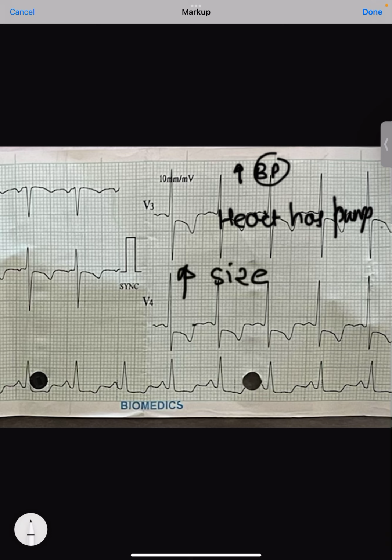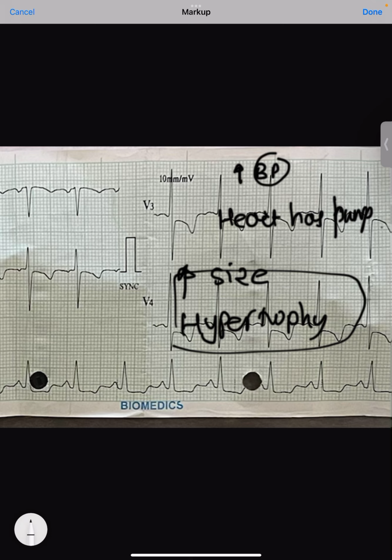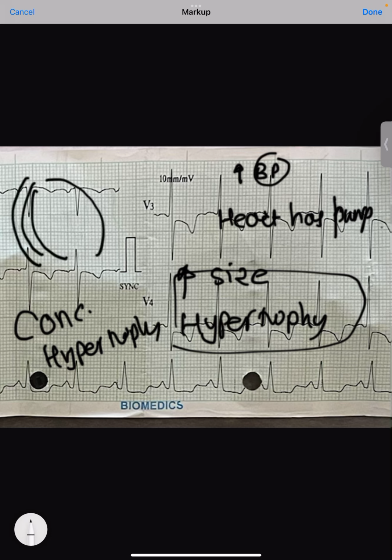So it has to undergo hypertrophy. So heart will be simply hypertrophied. So whenever we have hypertrophy of the heart, there will be always a concentric hypertrophy. Concentric means the heart will get increased in size from all around the heart. Means it will not be only in this part or this part or this part.